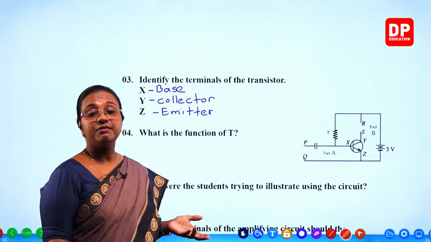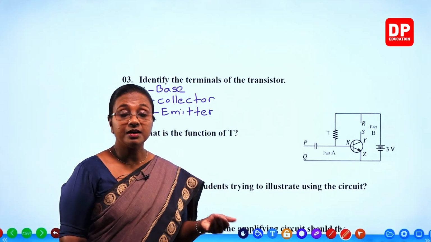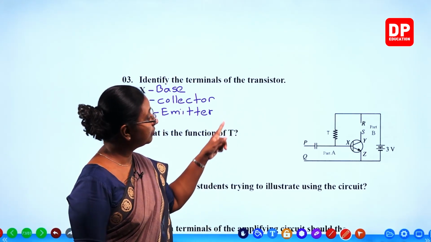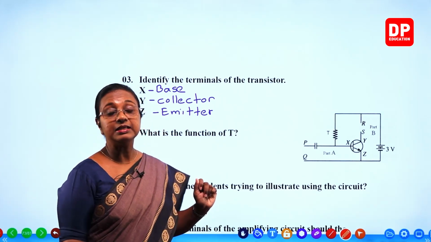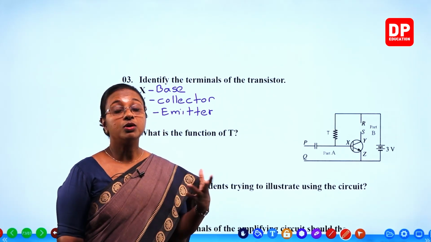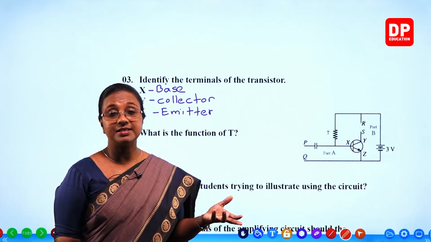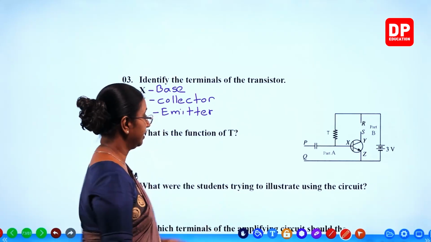T is a resistor. It controls the current flow through or in the base collector circuit, or to actually reverse bias the base collector circuit.